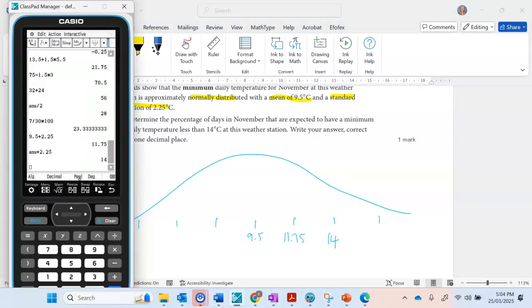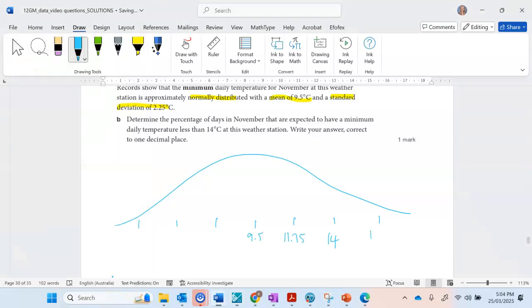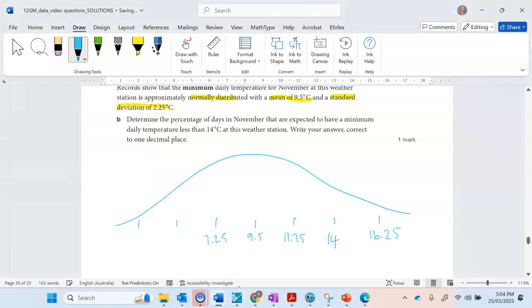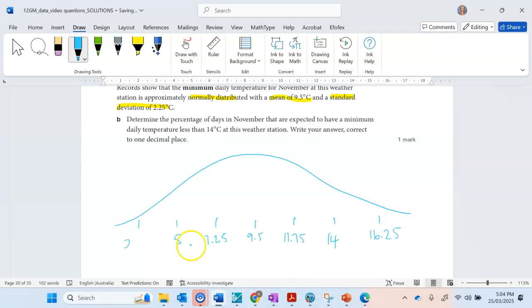And then 16.25, and then we can go in the other direction. So 9.5 minus 2.25, and then we're going to get 7.25, and then 7.25 minus 2.25 is 5, then 2.75.